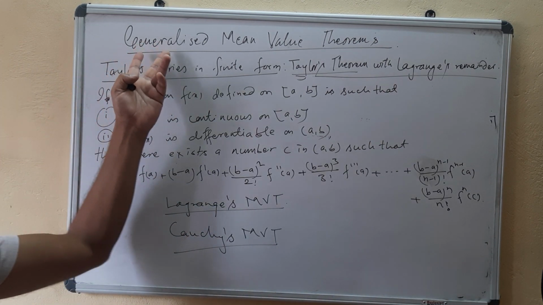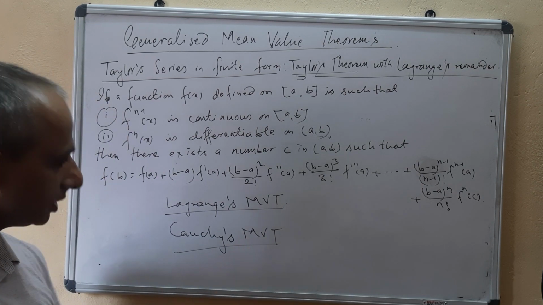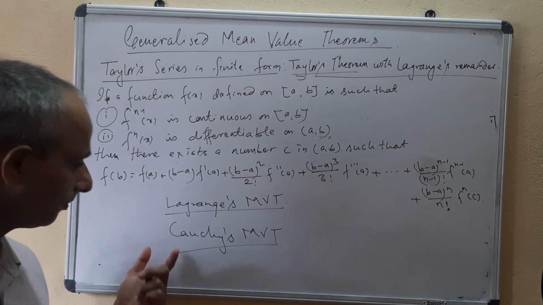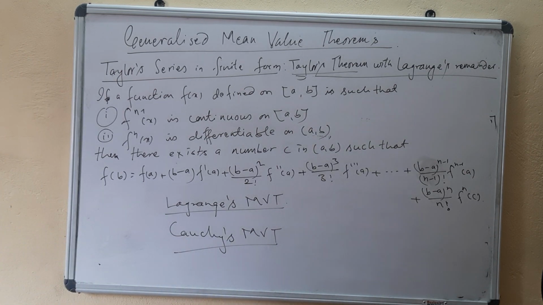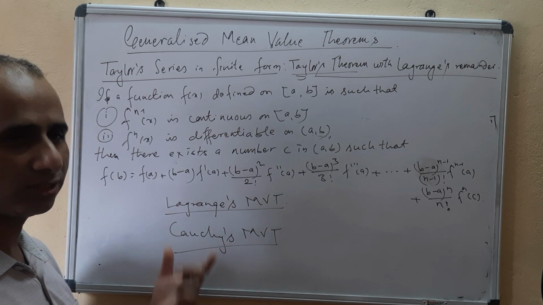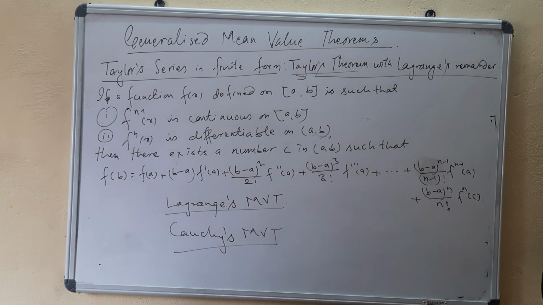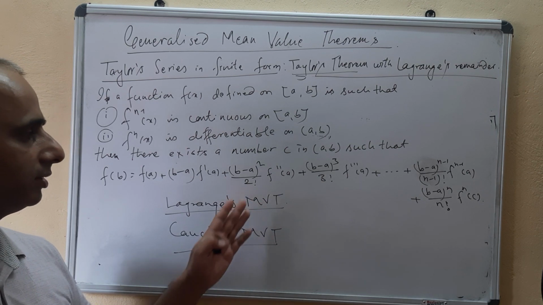Here also we have got the term generalized mean value theorem, and Cauchy's theorem is also known as generalized mean value theorem. But Lagrange's mean value theorem and Cauchy's mean value theorem are the mean value theorems of first order. You know, these theorems use only the first order derivative of the given function f(x). So these are first order mean value theorems.